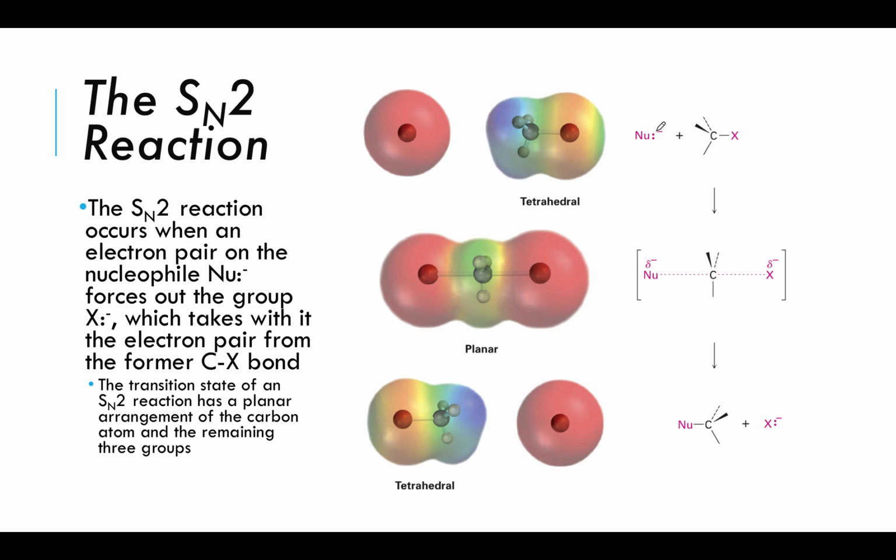So this nucleophile, again attracted to this positive carbon, will attack this, letting this X leave. And it will turn into that. Now, what's shown here is not an intermediate, it's a transition state. So this bond is half forming, this bond is half breaking.